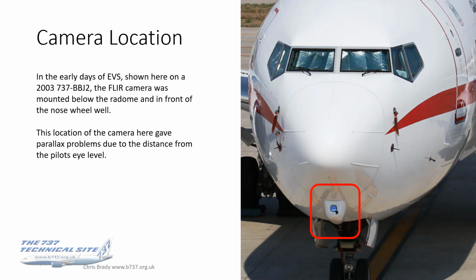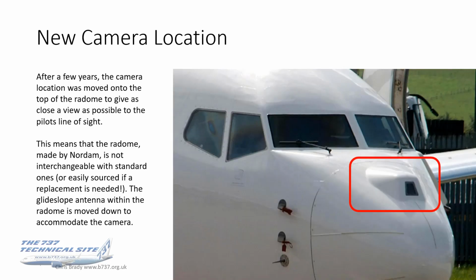A word on the camera location. In the early days of EVS, even on the BBJs, the camera was mounted below the radar and in front of the nose wheel. Well, the parallax problems sort of reared their head, and that camera got moved to on top of the radome. That gives the view as close as possible to the pilot's line of sight, makes it more realistic what you're seeing.